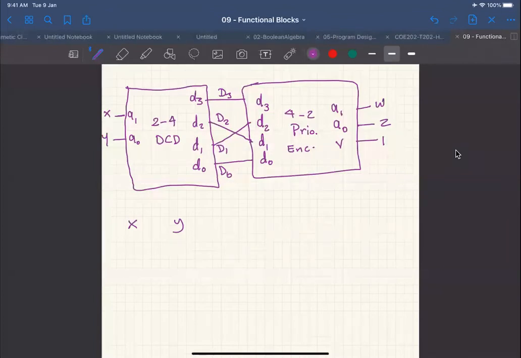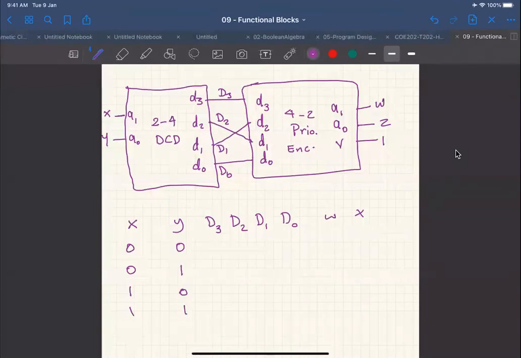All right. Now this is D3, D2, D1, D0, and then my W and X, right? So how many rows do I have? Okay, 4 rows only.